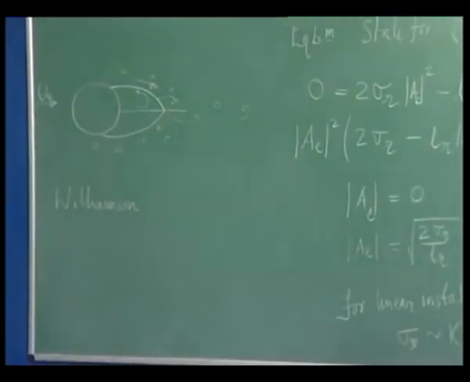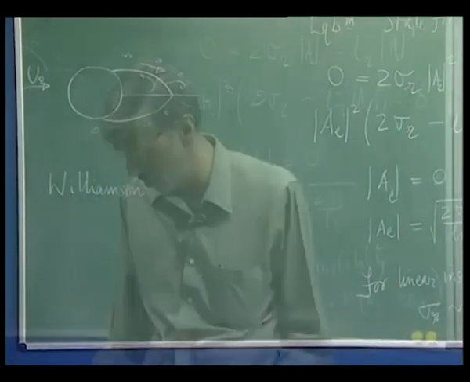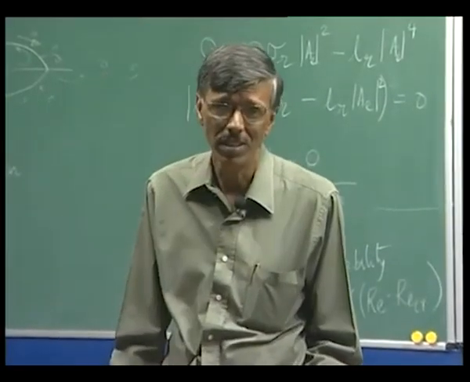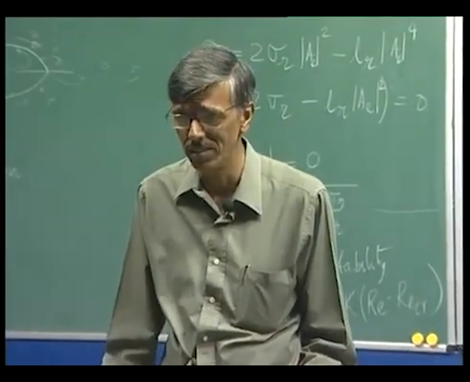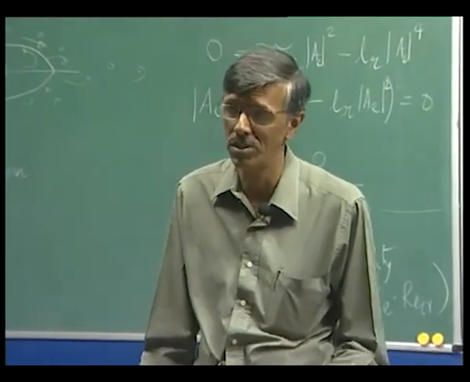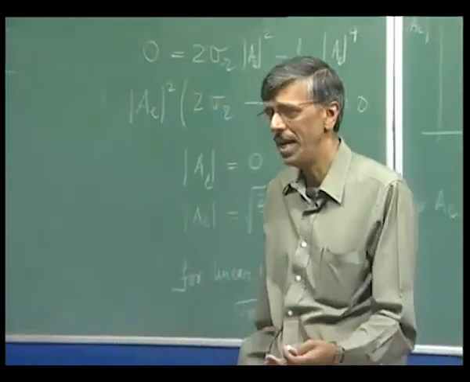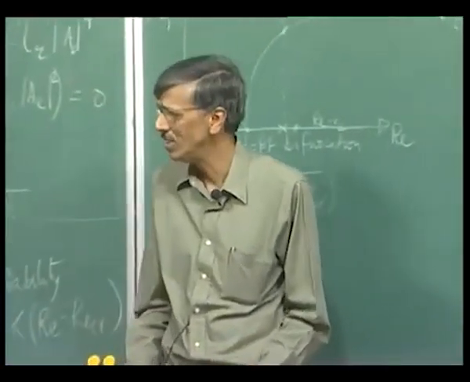And Williamson has demonstrated experimentally, by doing very careful experiments, that 3-dimensional instability effects show up for a Reynolds number which is above something like 180, 200 in that range.